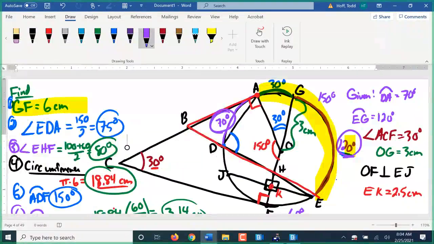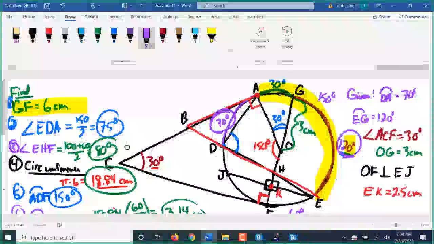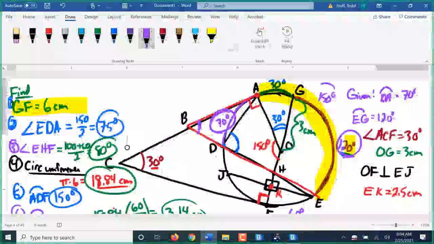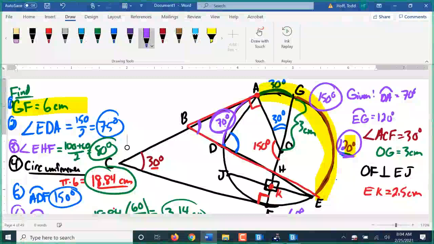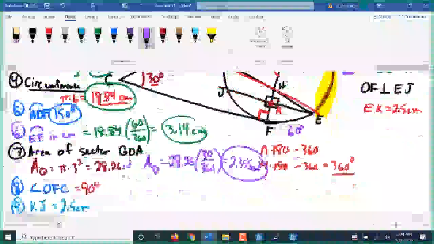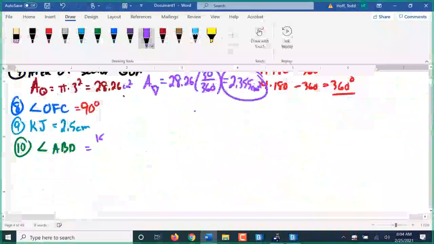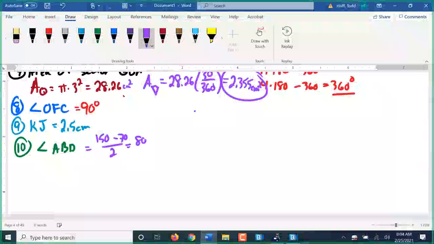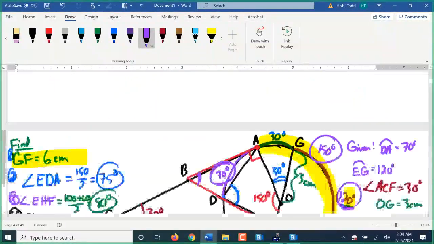Now, even though this side of that angle is a tangent rather than a secant, it still is an exterior angle. So it still is half of the difference of the arcs. So it'll be 150 minus 70, and divided by 2. So it's 80 divided by 2, or 40 degrees.